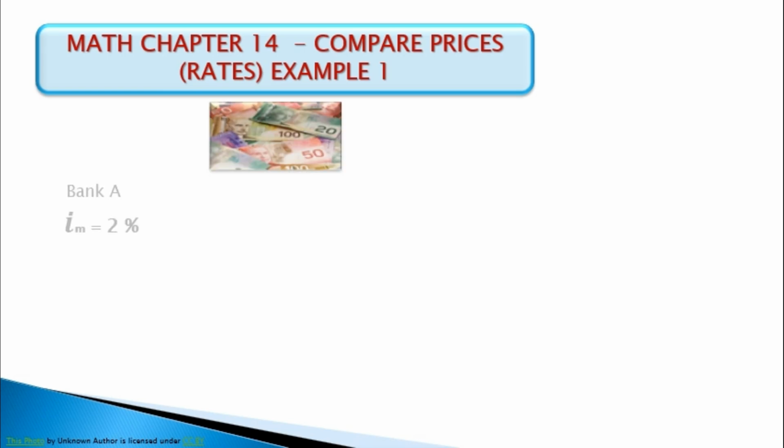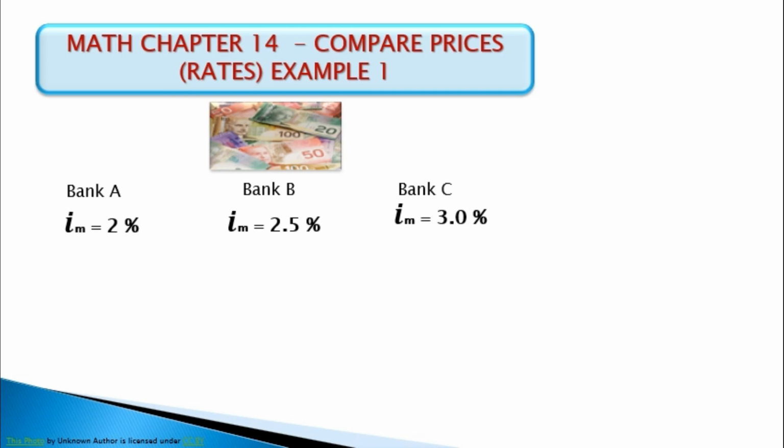Let's take a look at an example. Let's say we have 3 banks, Bank A, Bank B, and Bank C, and they're advertising their rates, either their lending rates or investment rates. Let's say the rates are advertised as a monthly periodic rate.